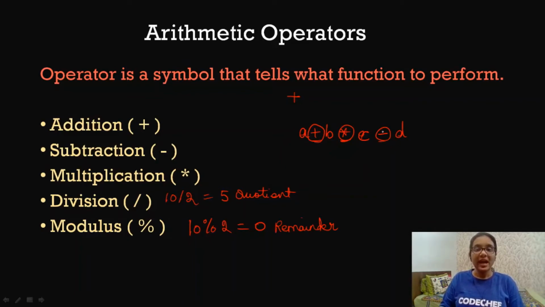No. We have certain operators which have a higher precedence, meaning they are to be evaluated first, and some other operators which have lower precedence, which are to be evaluated afterwards. So here, according to the precedence, first multiplication should be evaluated, and after that the addition and subtraction.